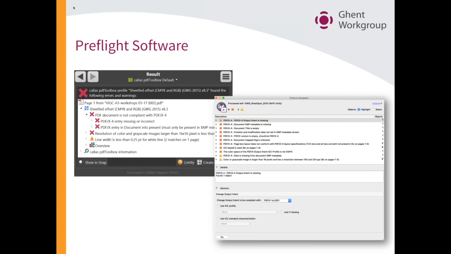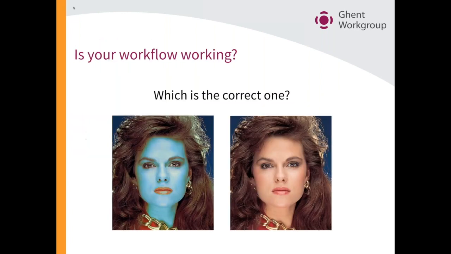And you can build your workflows, whether manual or automated, to use that information to optimize your workflow. Preflight is critical, and it should be used by the people who are creating the files, but even more importantly by the people who are receiving the files for production, to ensure, as I said, that you don't wind up seeing the error on the press.